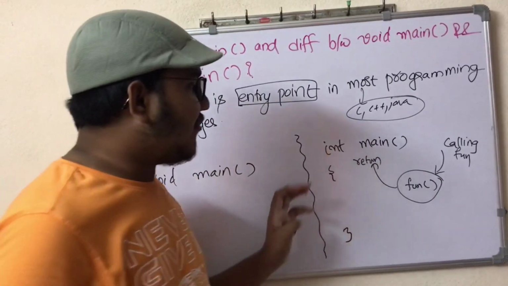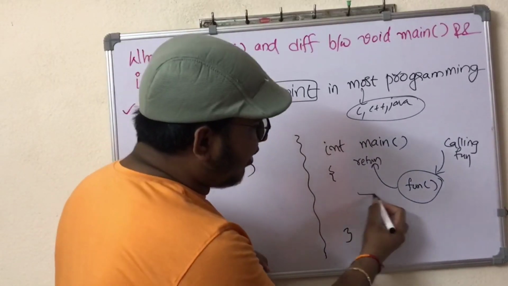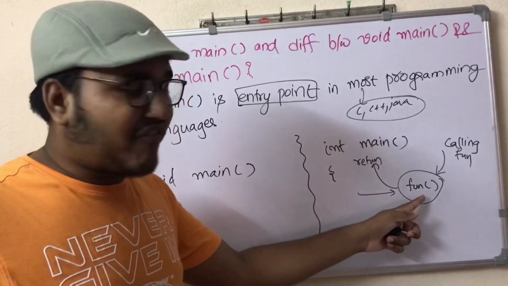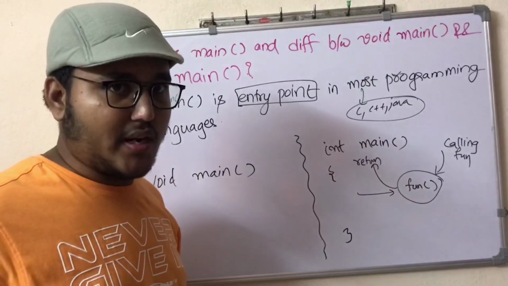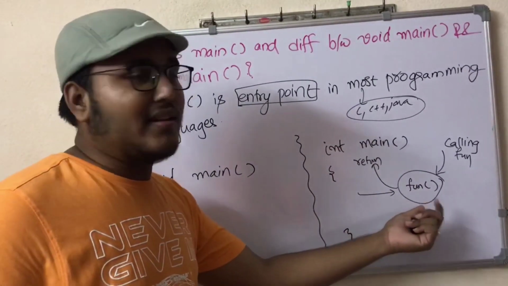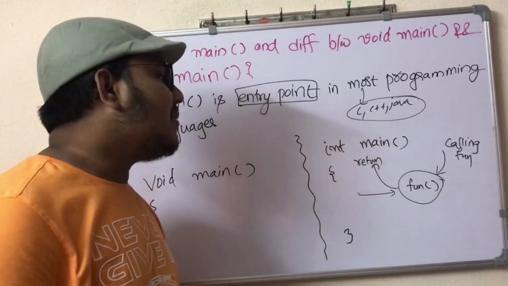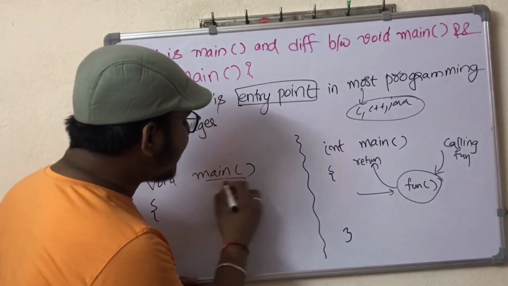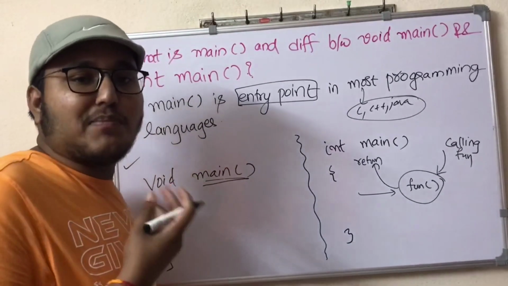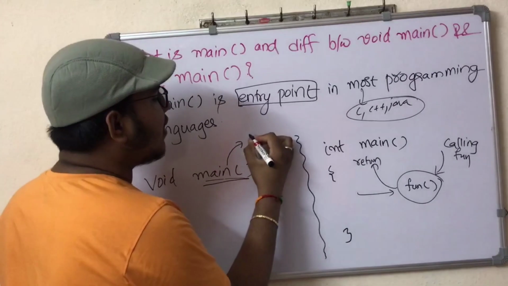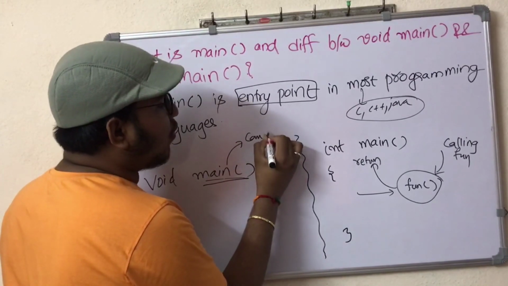Let's say in the main function I am going to call this function, so the calling function for f1 is the main function, and the return value can be an int, a string, or an array. Similarly, we need to know who is the caller function for this main method. The caller for the main method is the compiler or OS.